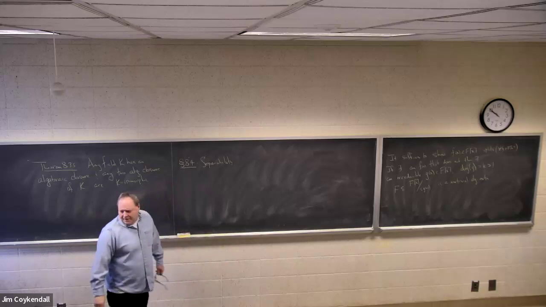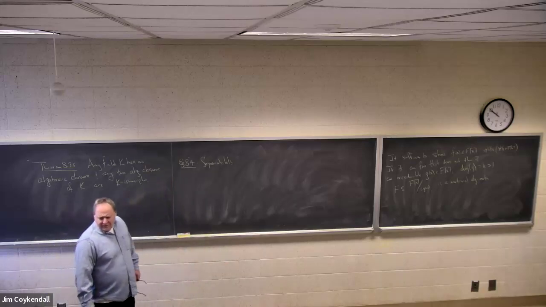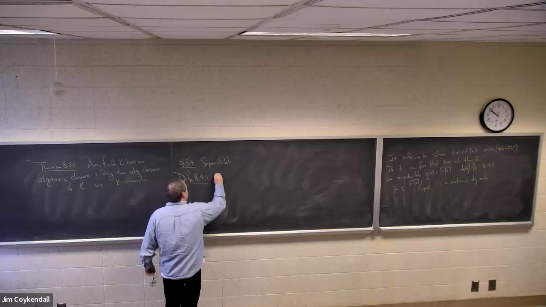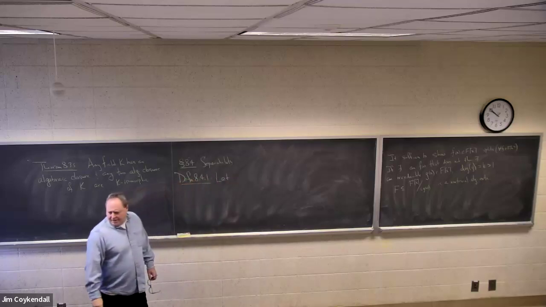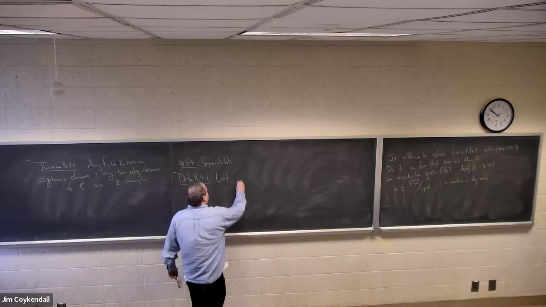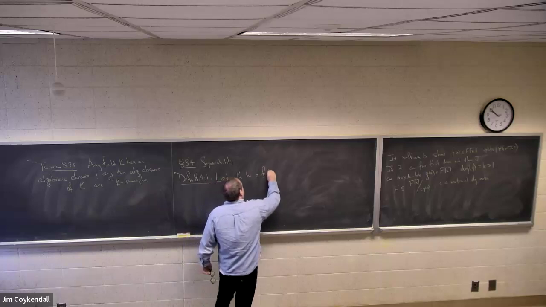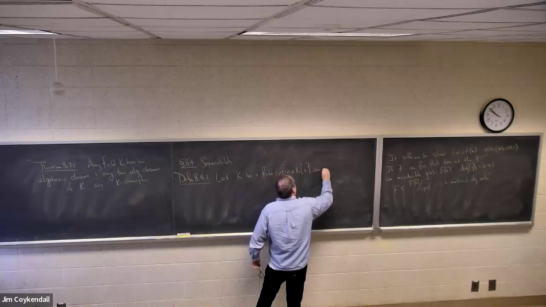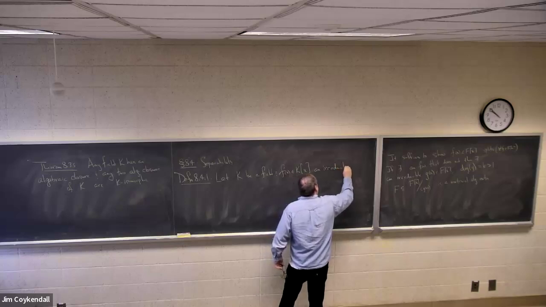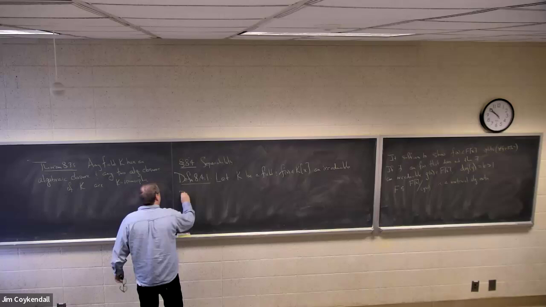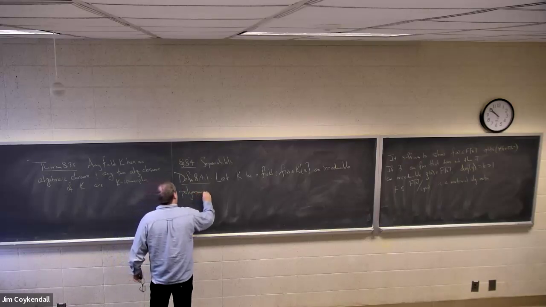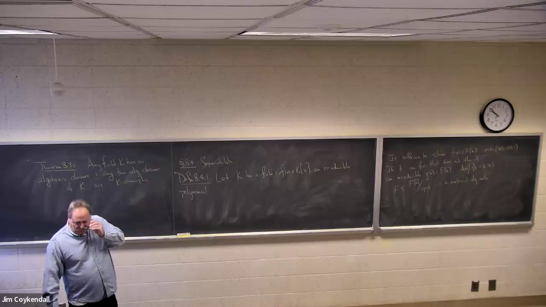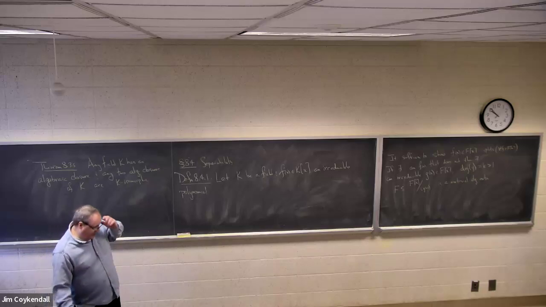Separability, that's neat. Definition: let K be a field and f in K[x] an irreducible polynomial. f is said to be separable if f factors into distinct linear factors in some splitting field.